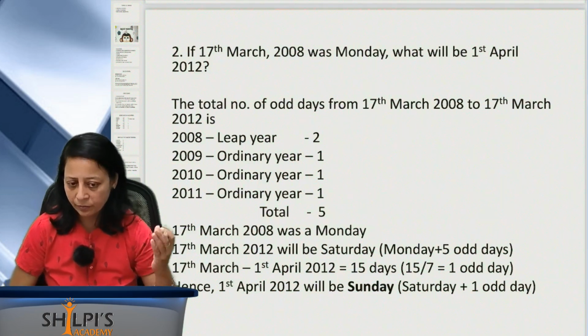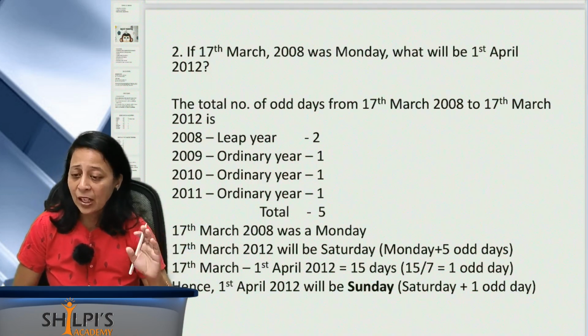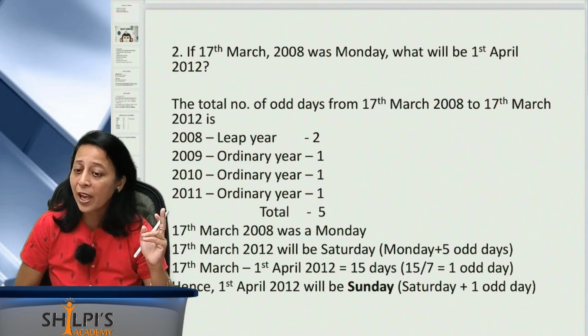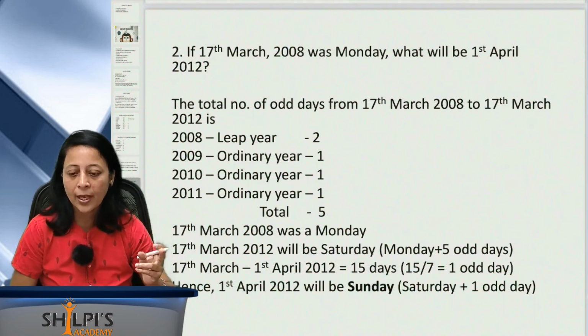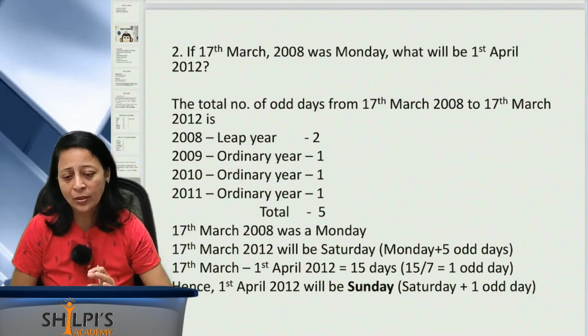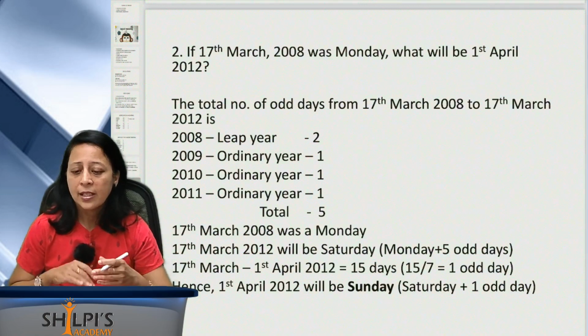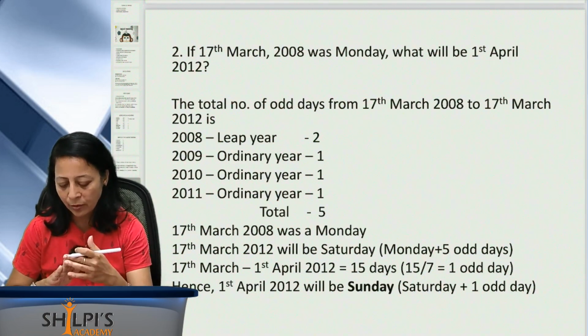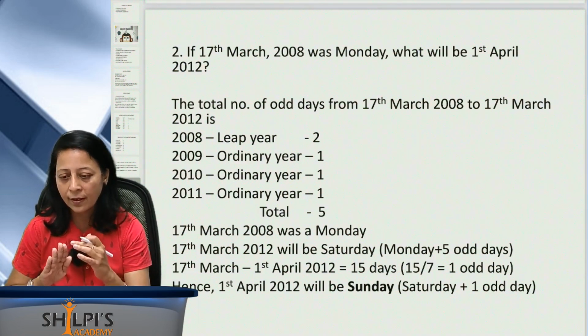Then we have calculated only till 17th of March. The question is for 1st of April 2012. So from 17th March till 1st of April, just count the number of days: 17, 18, 19, 20, 21, 22, 23, 24, 25, 26, 27, 28, 29, 30, 31.